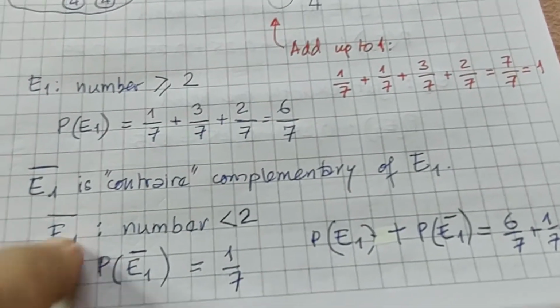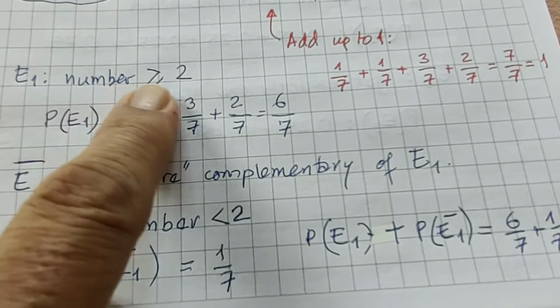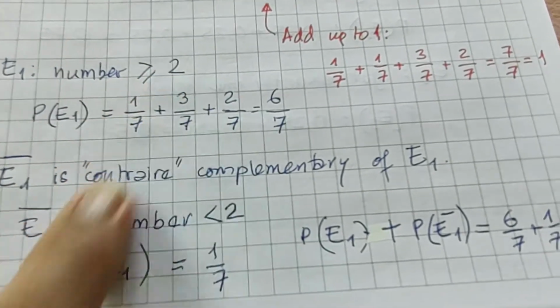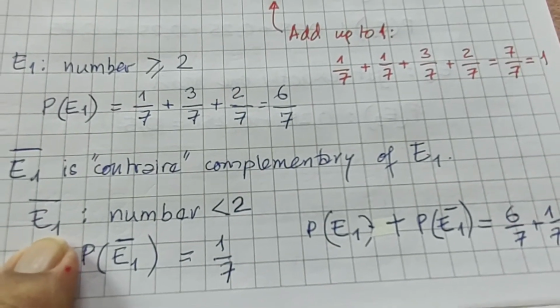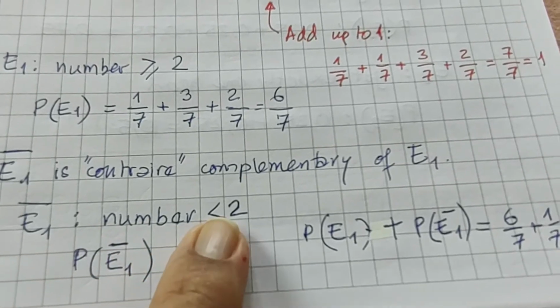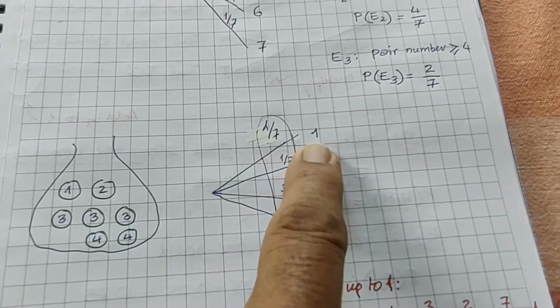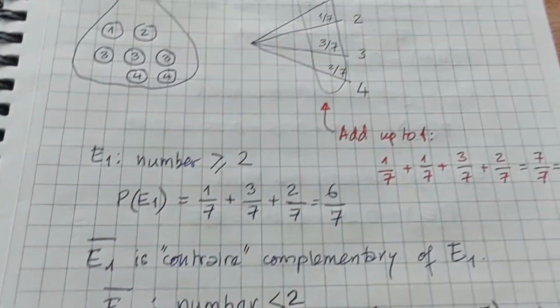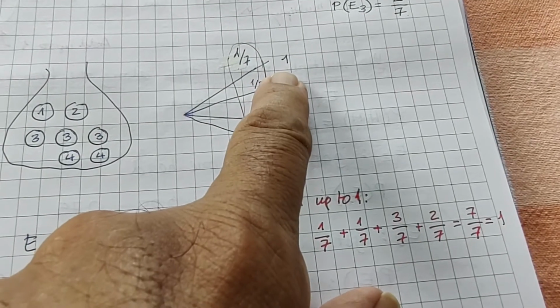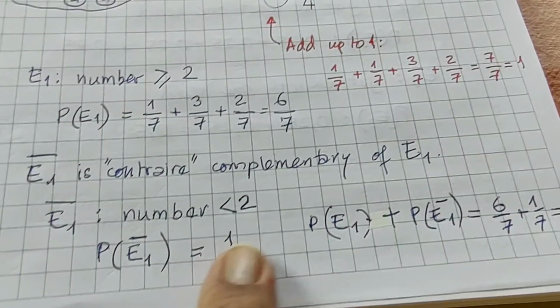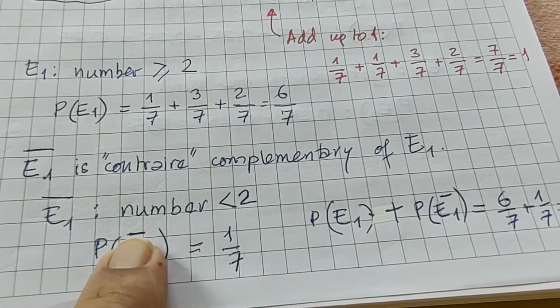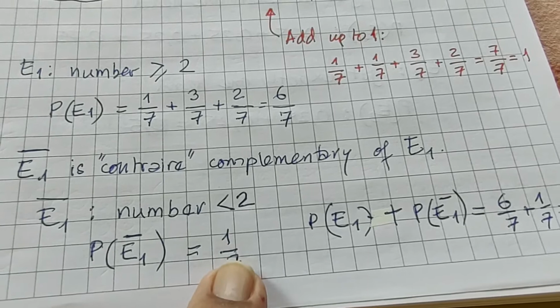So E1 here is number is greater than or equal to 2, and so the opposite of that is number less than 2, and there is only one number less than 2, so we get P of E1 bar is 1 over 7.